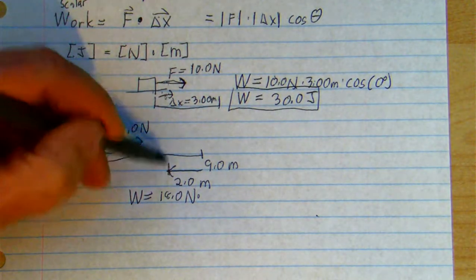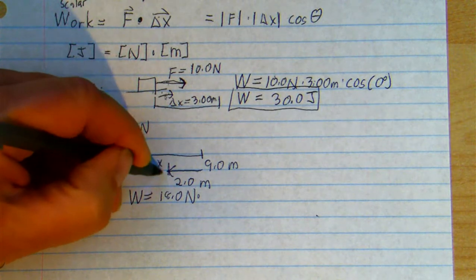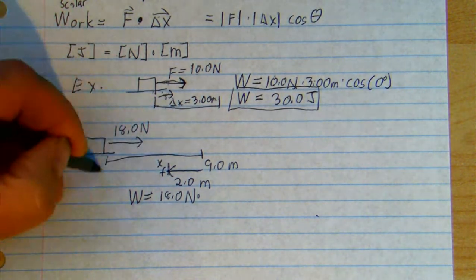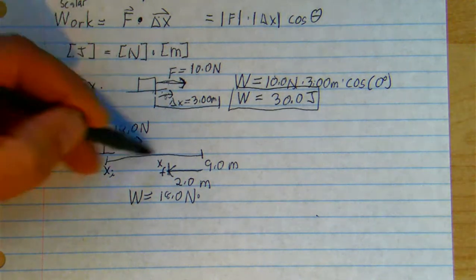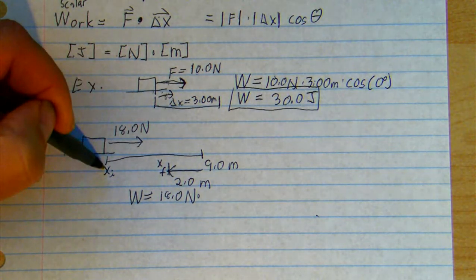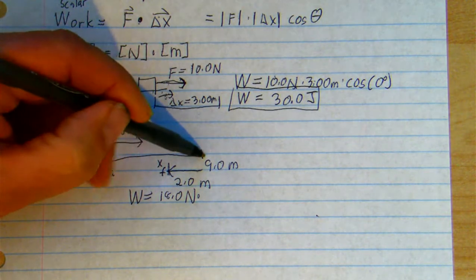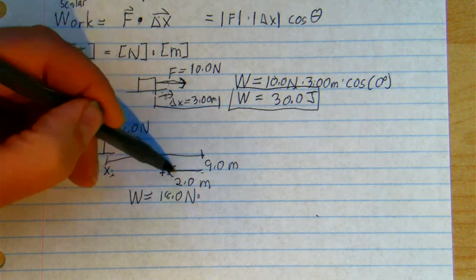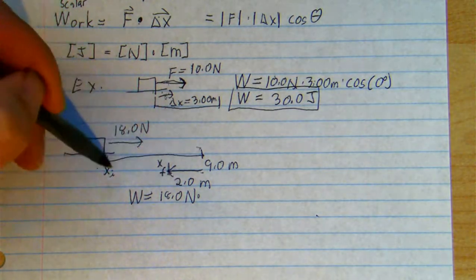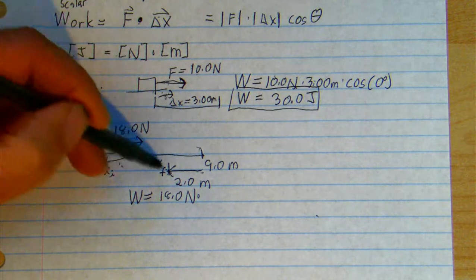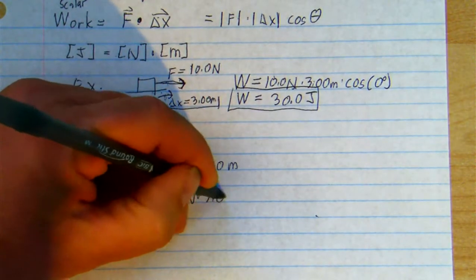Now, the displacement means take your final position wherever you end up and subtract from that your initial position wherever you started from. That is your displacement. So even though you went 9 meters to the right and then 2 meters back to the left, your displacement is going to be just 7 meters in this example.